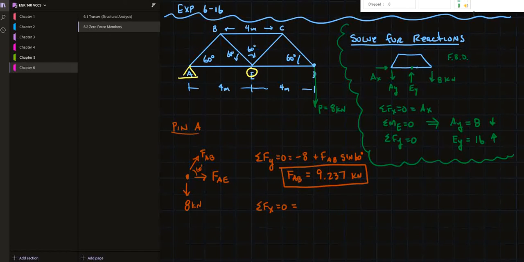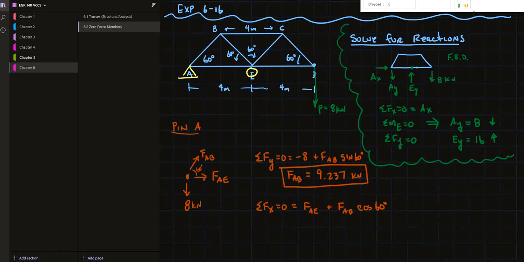Okay, here we go. Sum of forces in the x equals F_AE plus F_AB cosine 60 degrees.